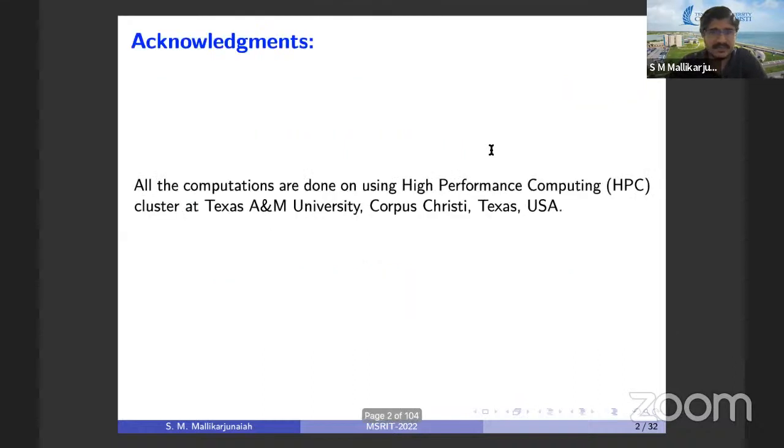explain the method. First, I have to acknowledge a couple of things. Computations for this project are done on our supercomputing cluster in our university. I thank them for providing all the necessary infrastructure for myself and also for my students.